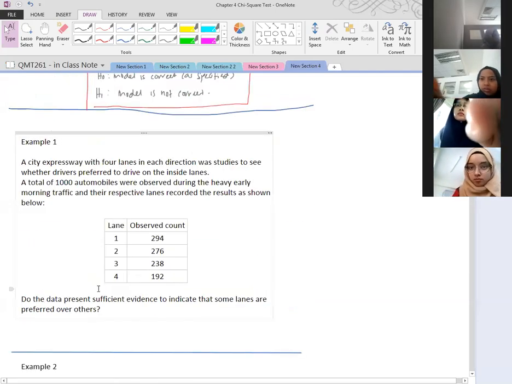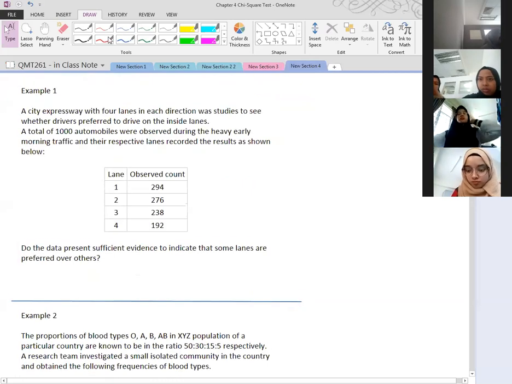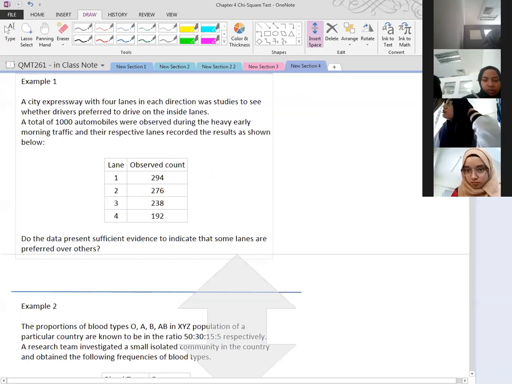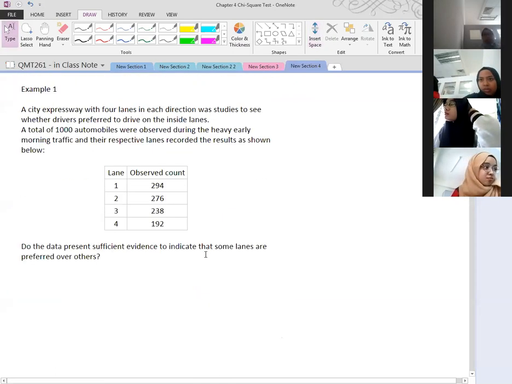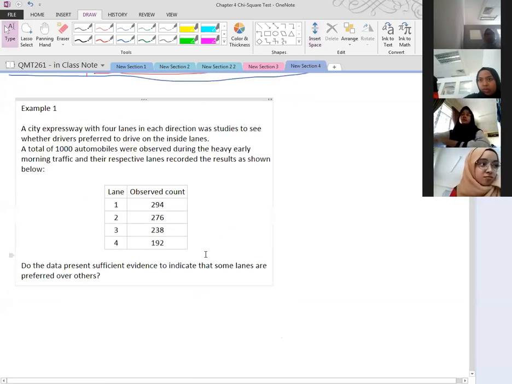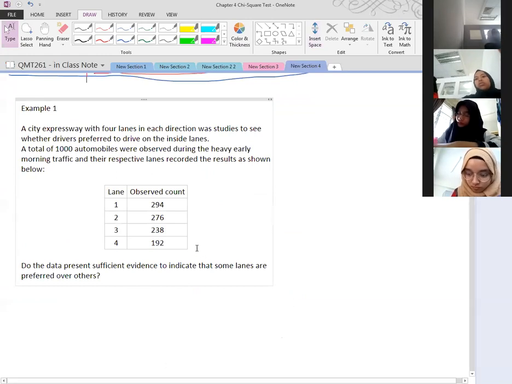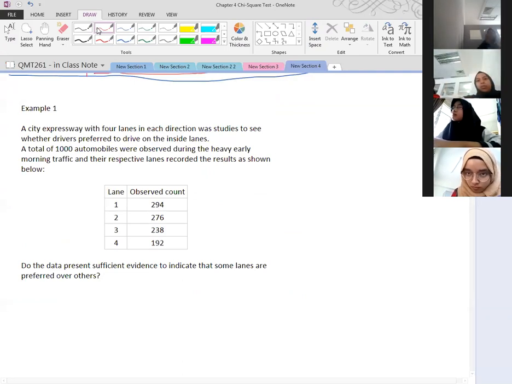In example number 1, a city expressway with 4 lanes in each direction was studied to see whether drivers preferred to drive on the inside lane.